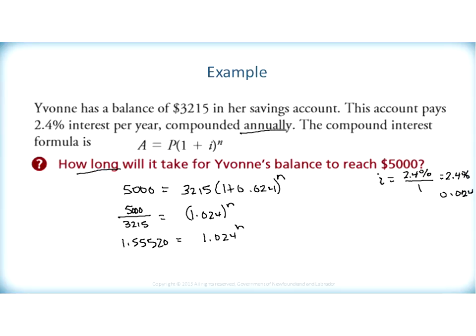Now we will take the log of both sides of the equation. Since we're trying to solve for n, we're going to take the log of both sides. We can take the natural or the common log of both sides of an equation to preserve equality.